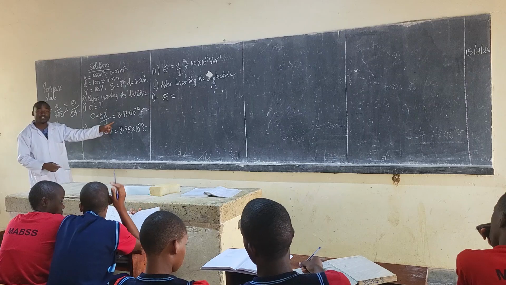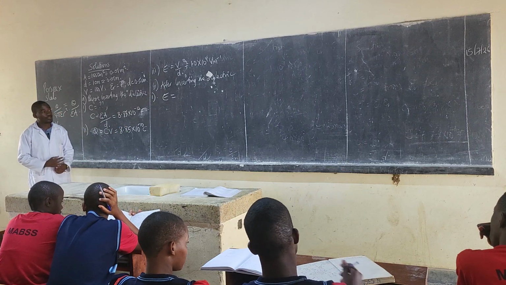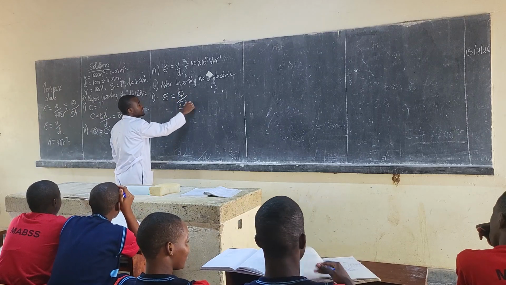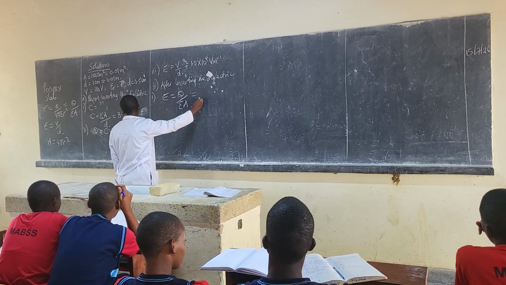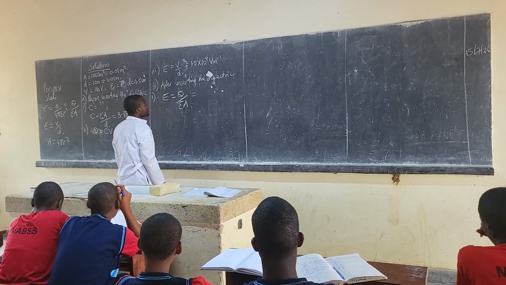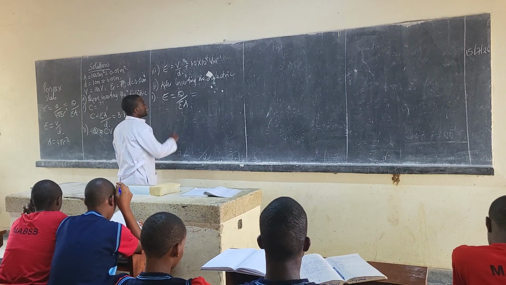So charge is not going to change, for your information. But the PD is going to change. So we shall have E equals Q over epsilon A. The charge is constant.